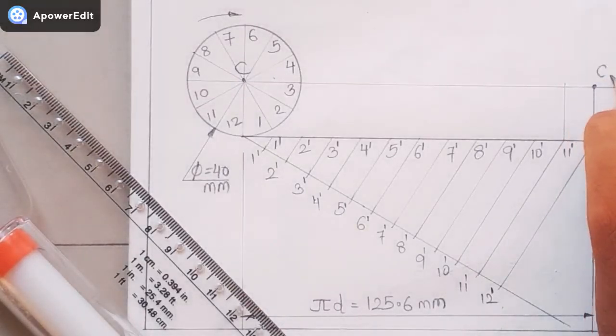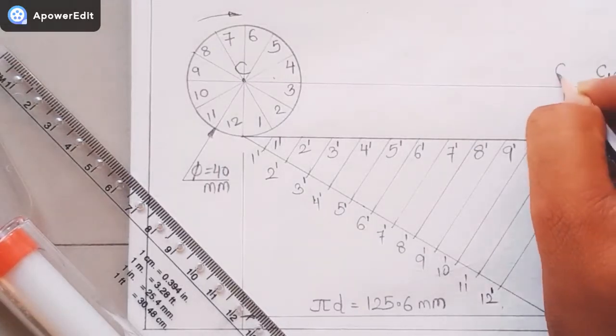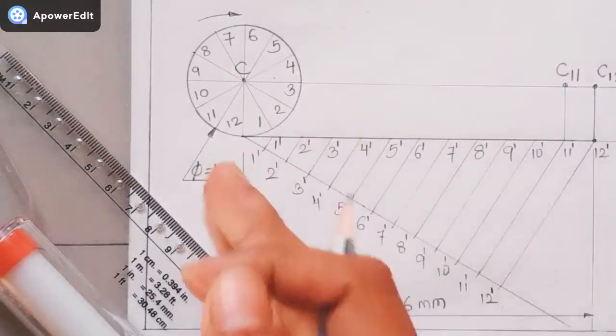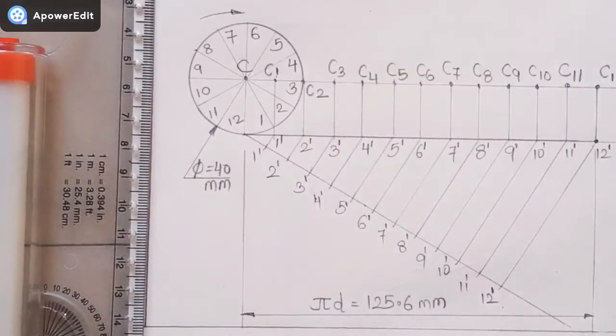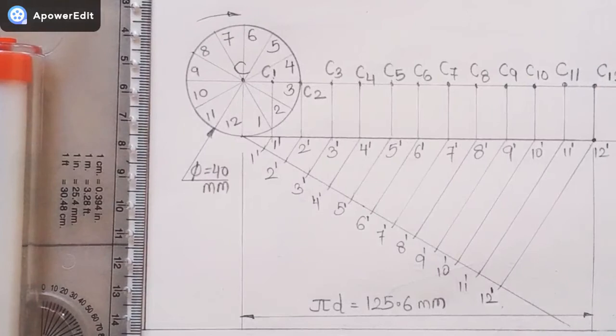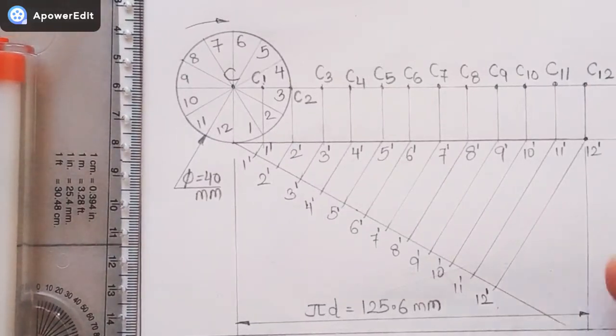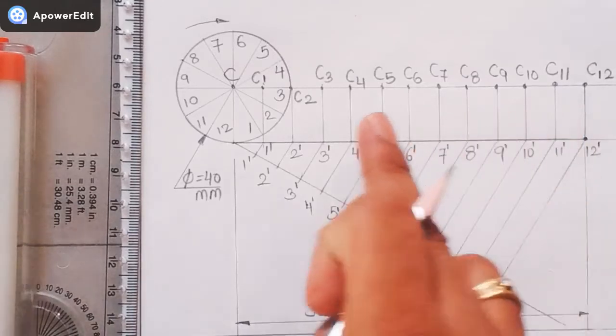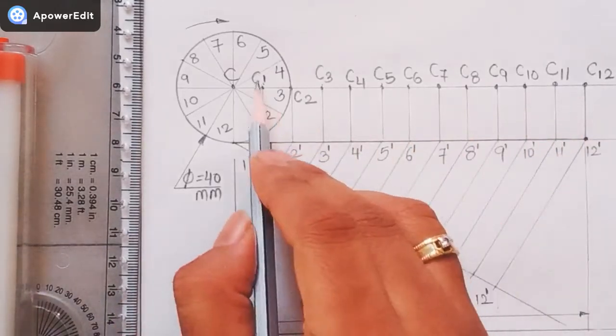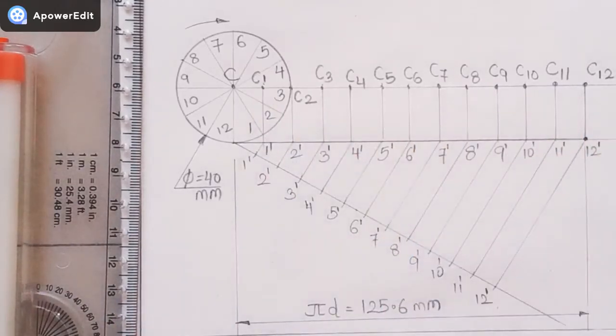Say this is the center of the 12th point, this will be the center of the 11th point, and so on. I have to do this procedure. See guys, I have drawn the vertical line from each and every point, then parallelly I have completed and got the center of all the points.